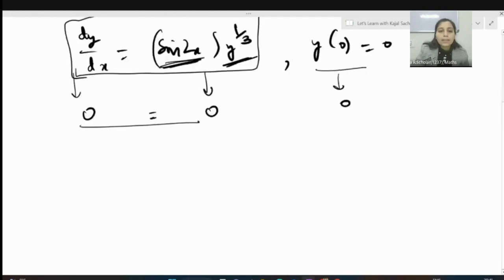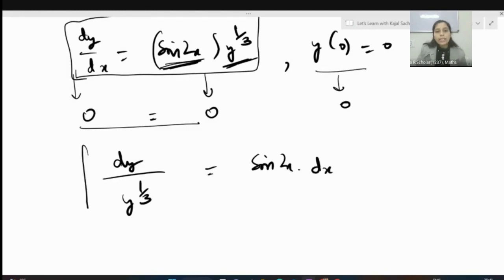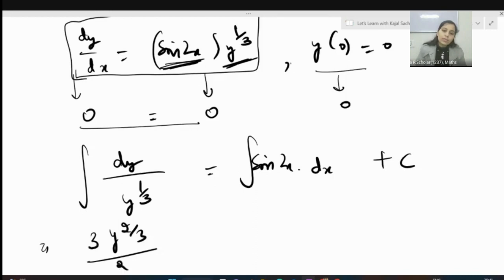So separating the variables, we get dy upon y^(1/3) = sin 2x dx. Integrating both sides, we get y^(−1/3 + 1), that is y^(2/3) divided by 2/3, equal to −cos 2x / 2 + c.